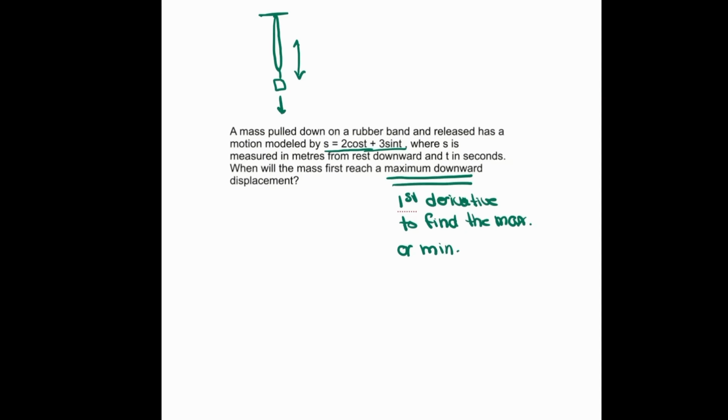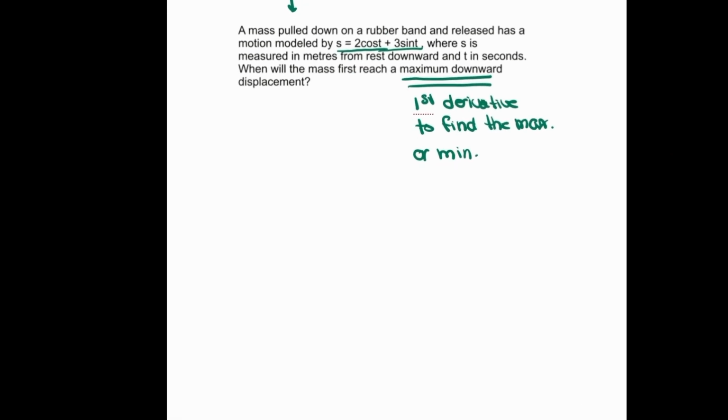Okay, so let's get to doing some of this math. I'm just going to make this a little bit bigger and pull it up a little so you can see it. Our original equation is s equals 2 cosine t plus 3 sine t. Remember from when we were working with polynomials, if I want to find the critical points, I take the first derivative and then set that first derivative equal to 0.